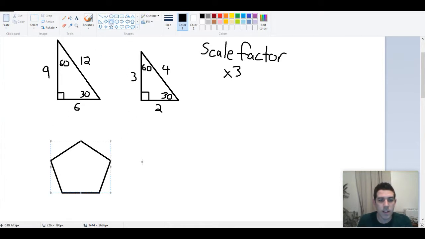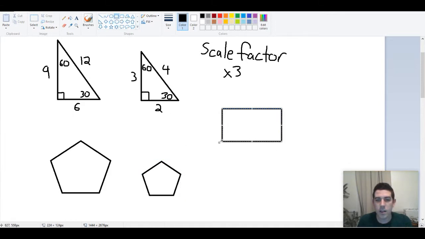It can work for a pentagon, as long as they're the exact same angles. It can work for two squares or rectangles, as long as they're the exact same angles and the side lengths are proportionately larger.